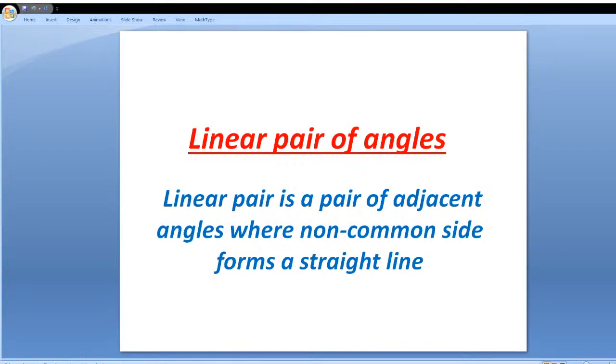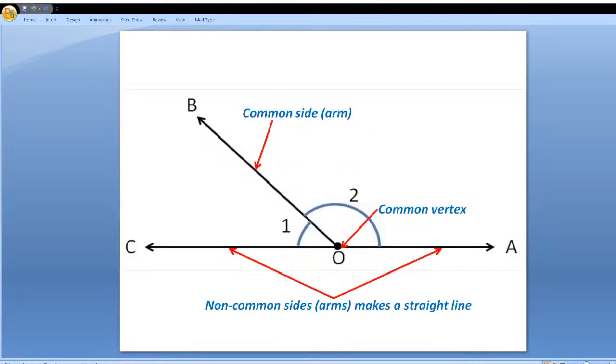Linear pair is an adjacent angle where non-common sides form a straight line. Okay, so see here, let me repeat it again.